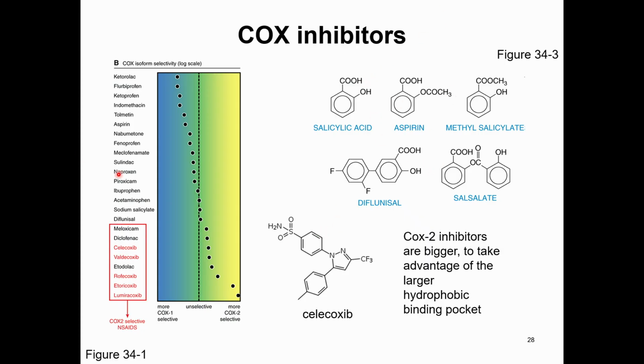Aspirin. Where is aspirin on this list? It's up here. So on the left, the more blue is more COX-1 selective. If it trends toward yellow, it's more COX-2 selective. And aspirin has some preference for COX-1 over COX-2, so it's moderately selective. Here are some down here that are especially selective for COX-2, okay?